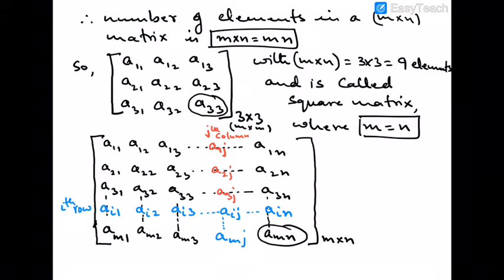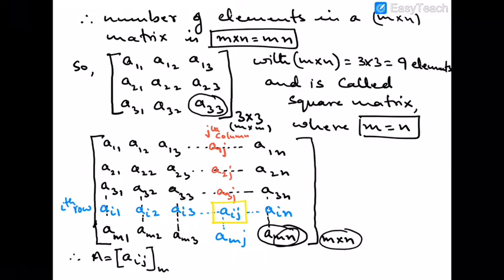So we can write A as Aij with order M into N, and I is greater than or equal to 1 and less than or equal to M, and J is greater than or equal to 1 and less than or equal to N, and I and J belong to natural numbers, and they tell us the position of an element in the matrix.